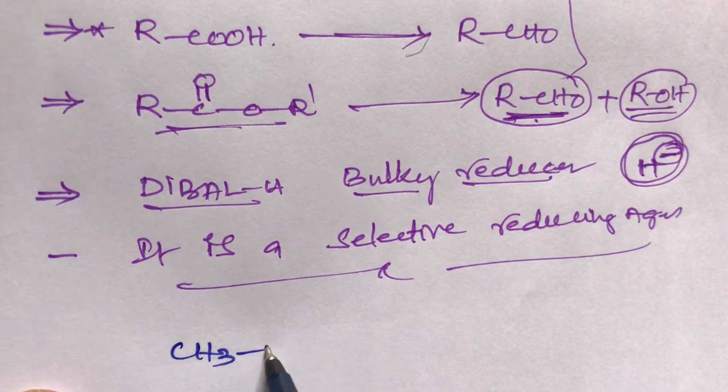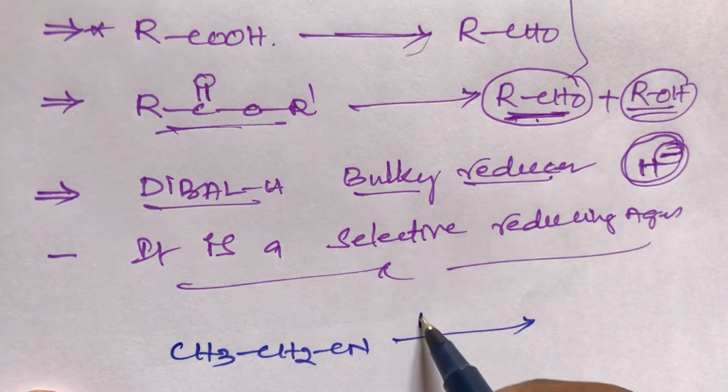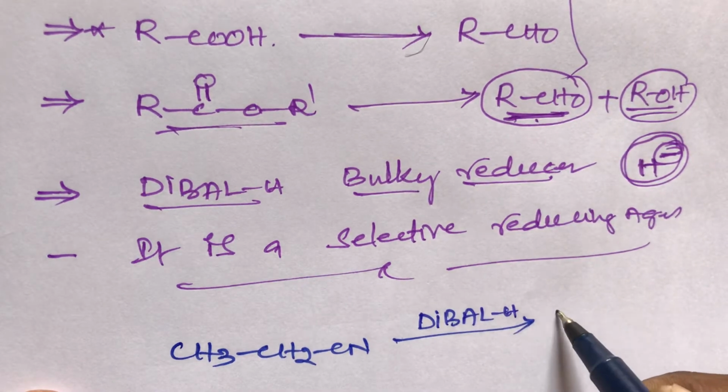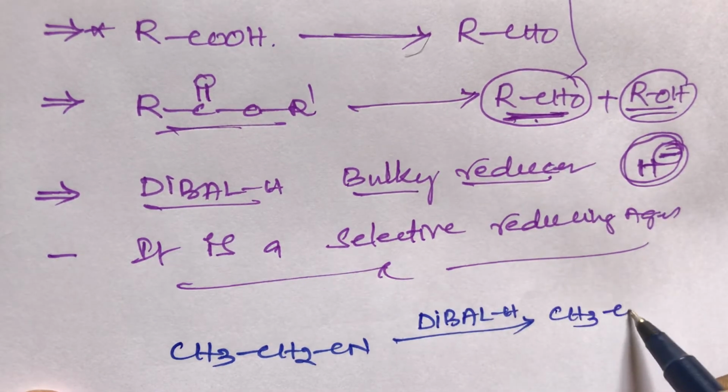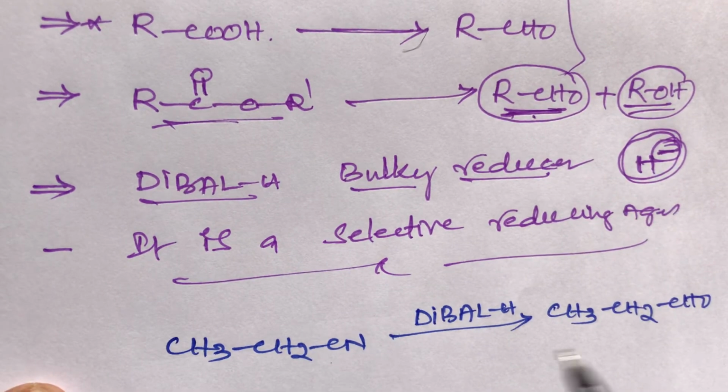CH3CH2CN in the presence of dibal hydride gives aldehyde, that is CH3CH2CHO. This cyano group is converted into CHO.